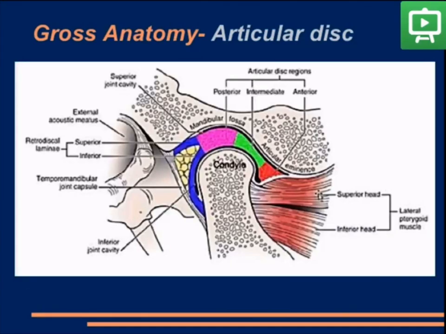So as we said, the articular disc has posterior, intermediate and anterior zones, and from the posterior thickest point, it is attached to the capsule by the superior and inferior lamina, while it is attached anteriorly by fibrous bands to the bony regions.